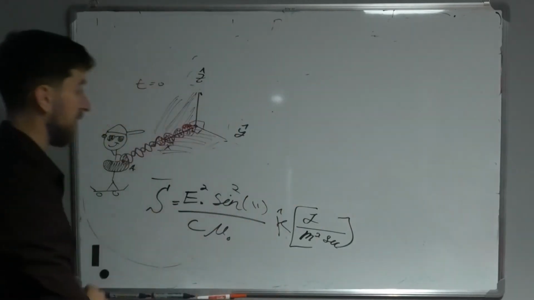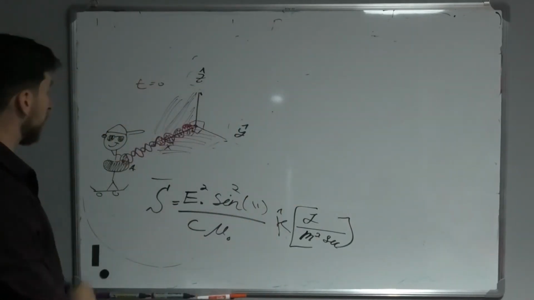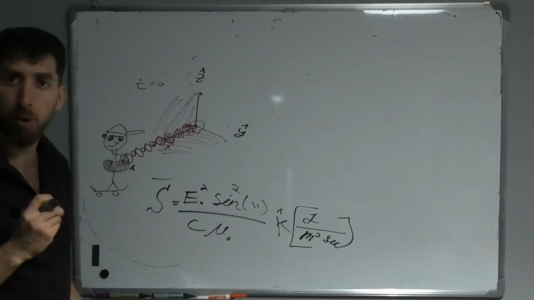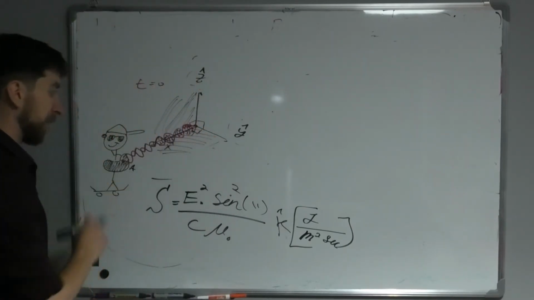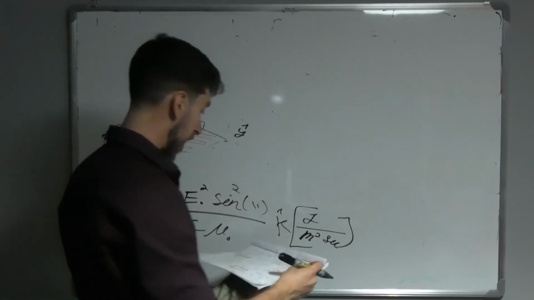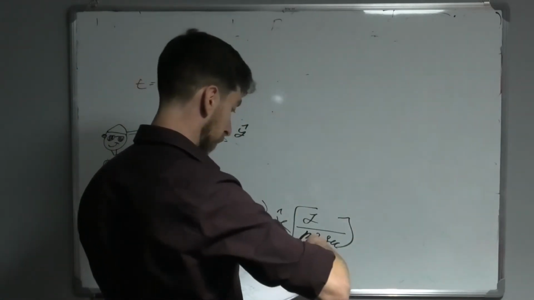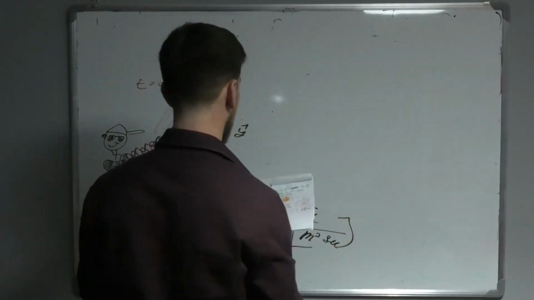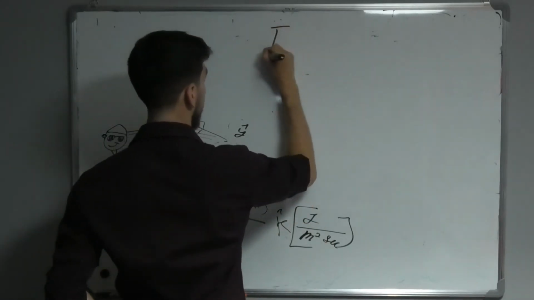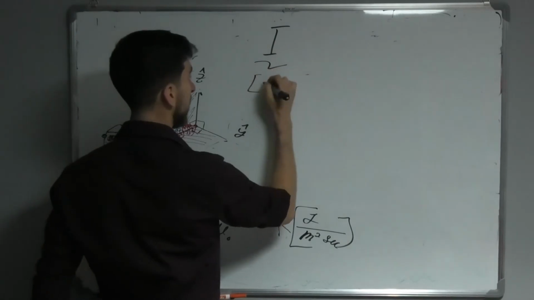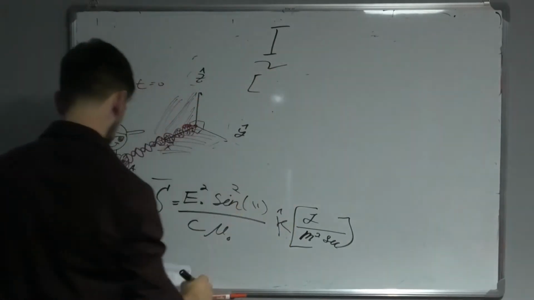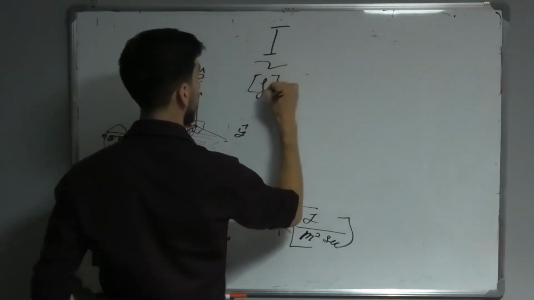So if I want to know how hot the hand could be, how much energy is actually being transferred here, the joules, what I need is called the intensity. Let's use I for intensity. And the unit of intensity is joule.